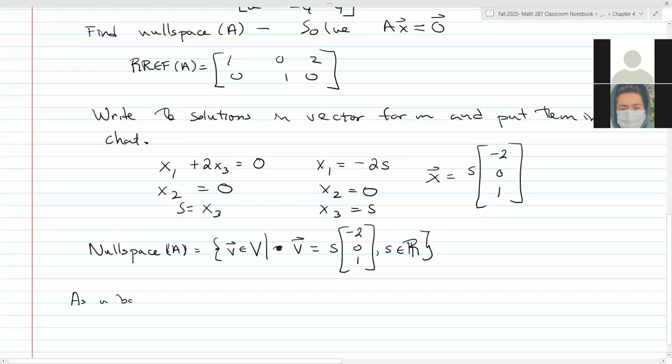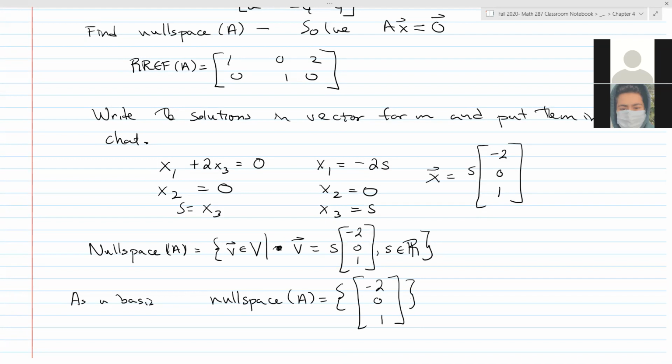As a basis, we can also just write the null space of A is equal to (-2, 0, 1). So we can actually just write that there. And there's an implication that we're taking the span of all of those vectors, just like when we write the basis for the column space and the row space.